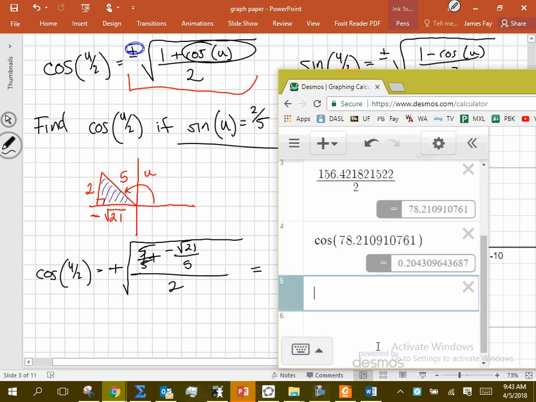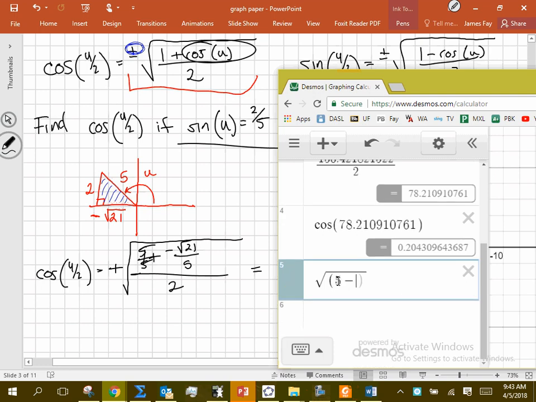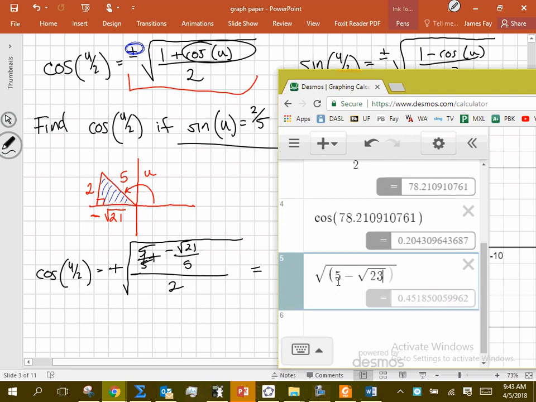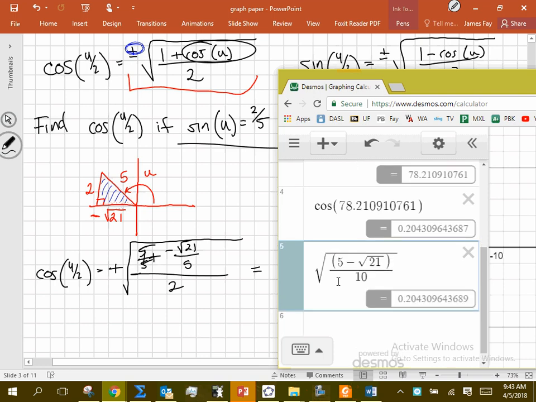And I get that number right there, correct? Let's see if that is the same thing as the square root of 5 minus radical 21 all over 10. Is that all right with everybody?